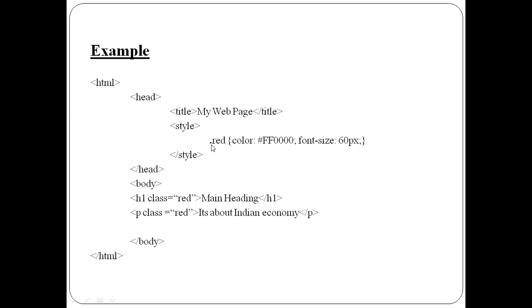It started with the dot followed by the class name, and then within curly braces the definition of the class is given. The definition is color equal to the hexadecimal value, and the font size 60 pixel. So this is how the universal style class can be used. Always the universal style classes will start with the dot and then the class name.